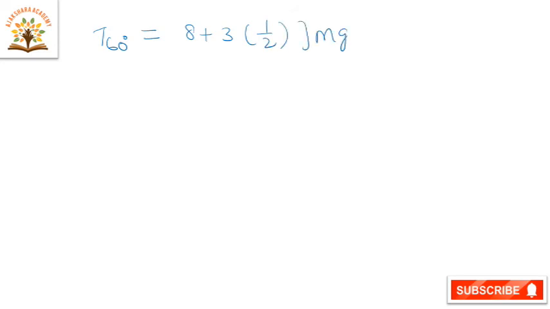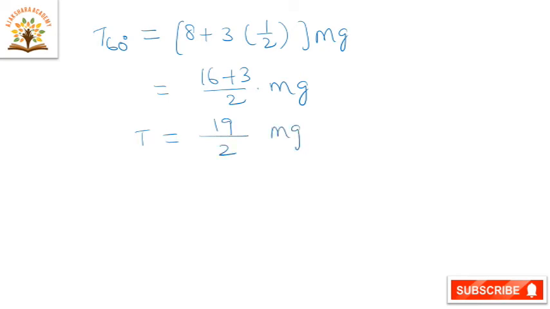Taking LCM, 8 is 16 by 2, so (16 plus 3) by 2 into mg. So total we get 19 by 2 mg. So tension when theta is equal to 60 degrees is T is equal to 19 by 2 into mg.